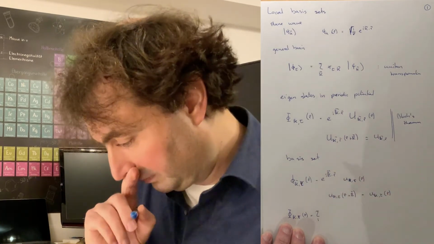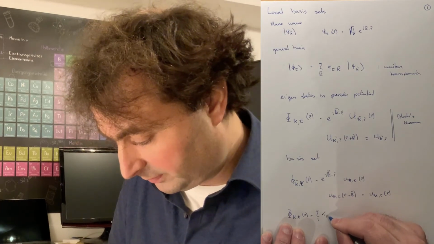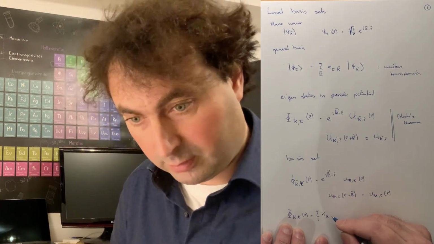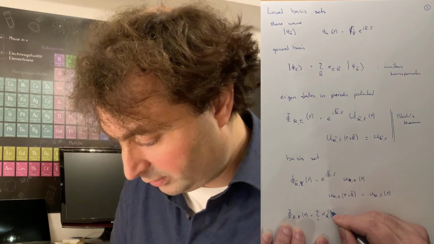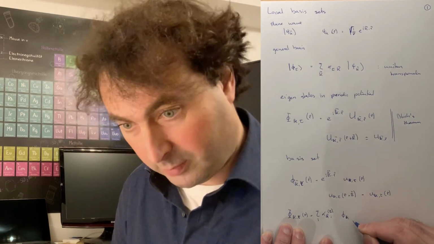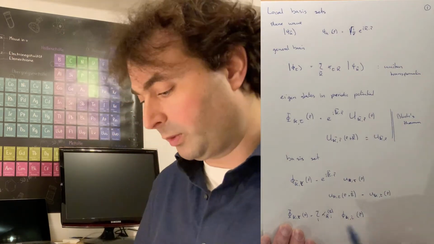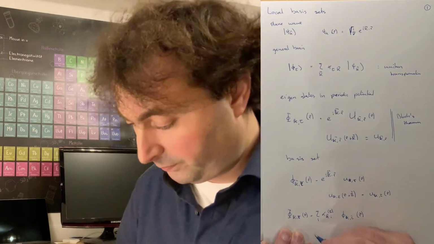There's no vector here. So psi_{k,e}(r) is a sum over i of alpha_{k,e,i} psi_{k,i}(r). And we know we're Bloch diagonal in the crystal momentum.